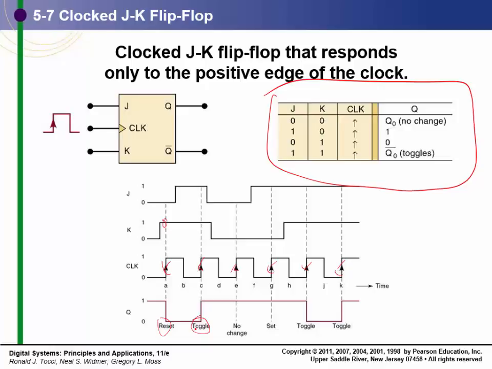If it had been high, it would go low. So this is a toggle state. At the next rising clock edge, they're both low, so there's no change. Here J is high and K is low, so it goes to set mode. It's already set, so it stays set. Here they're both high, so it goes low. It toggles here, and here they're both still high, so it toggles again.